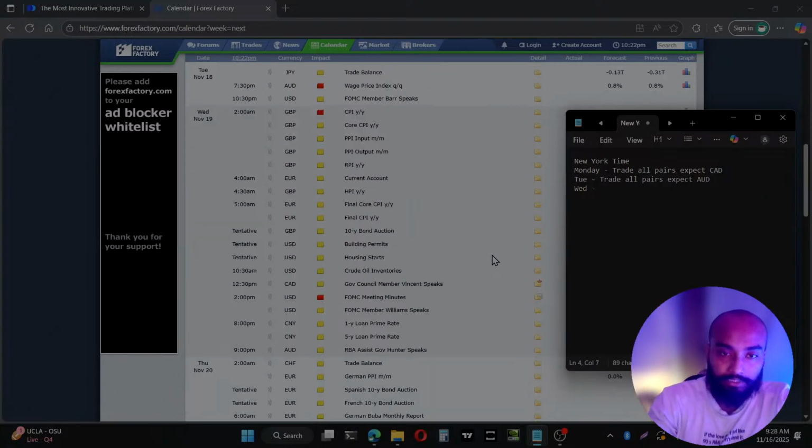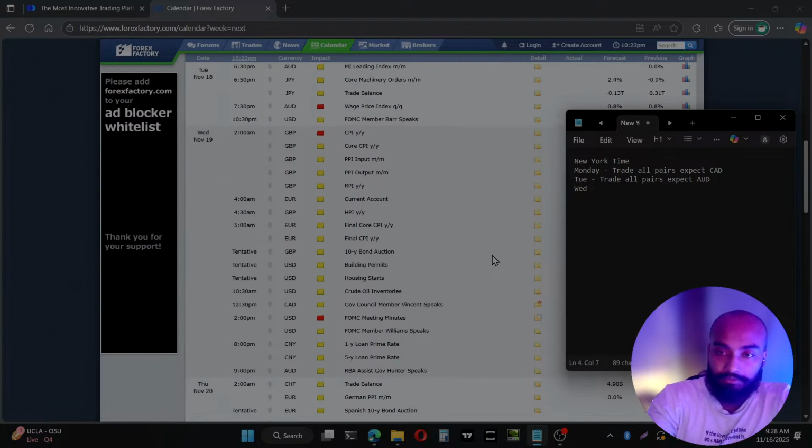Wednesday you can trade all pairs, except GBP, and most importantly USD. If you trade on the USD pairs on Wednesday, it's going to have a bad impact on your trading, because they have the FOMC meeting minutes.